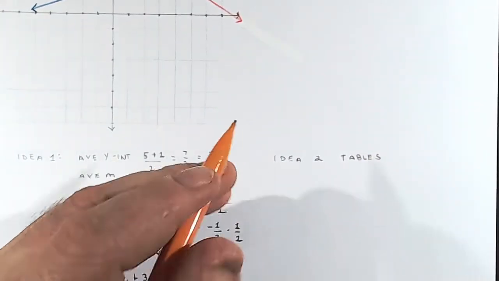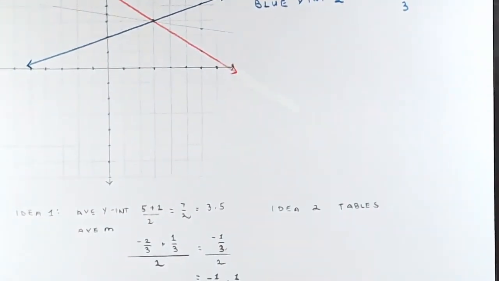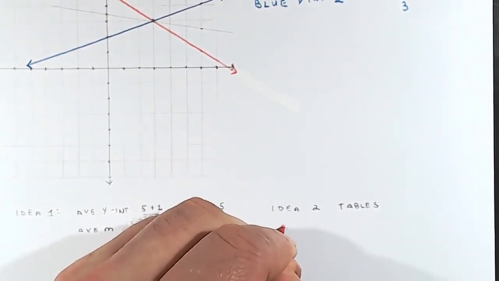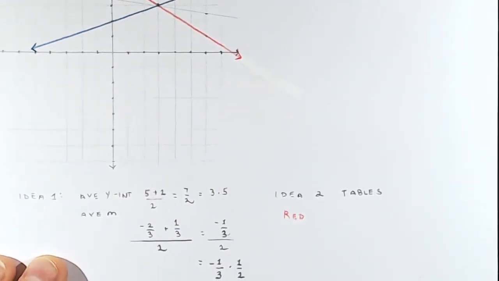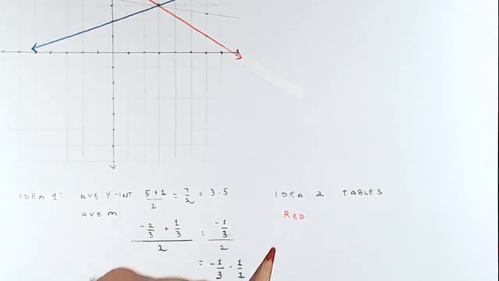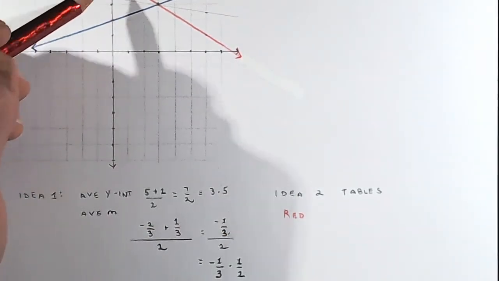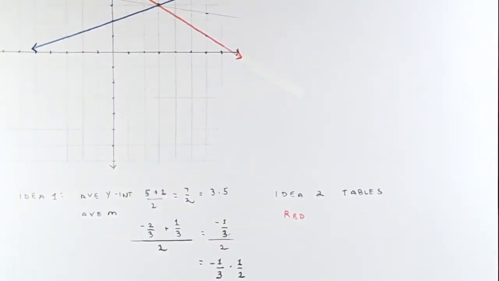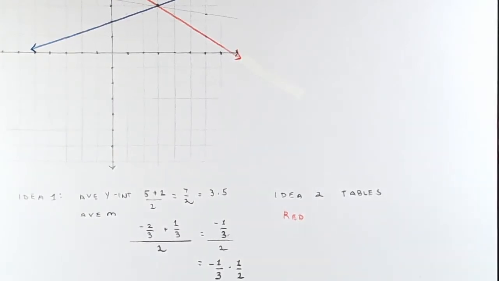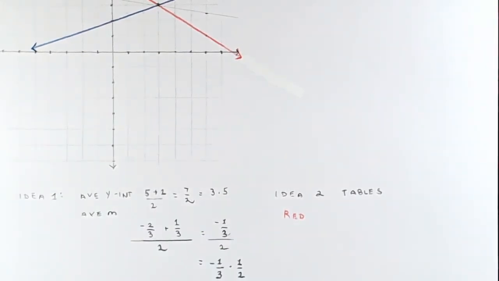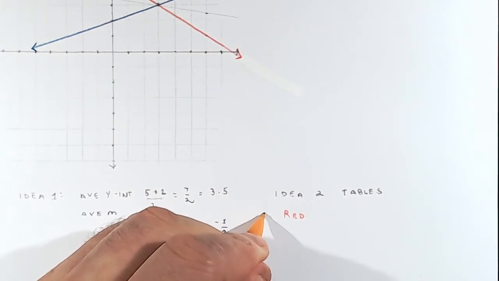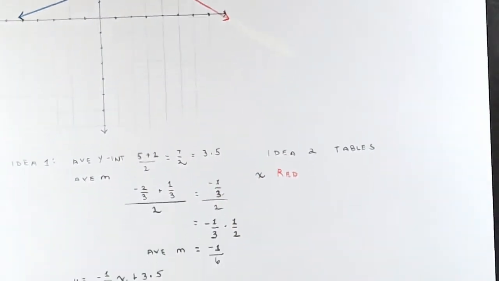Okay, so here's my table for my red equation. This is the red equation. Let's see here. I think we would have to have the same x values. Let's see how I want to do this. Yes, so if I have the same x values, so my x values will stay the same.